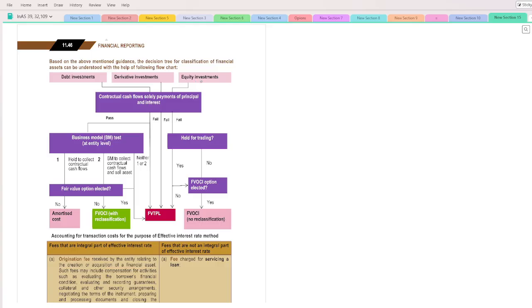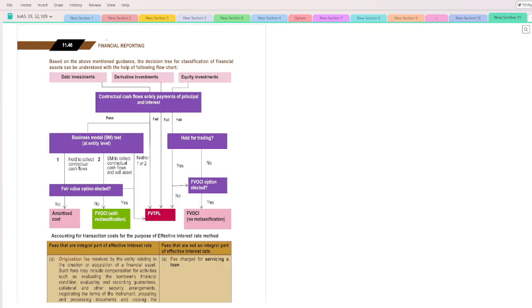Now coming to the equity instrument, here obviously the SPPI will fail, because there you have the contractual cash flow of dividend, not of interest and principal. Now here it is asking for held for trading. If it is held for trading, then FVTPL.